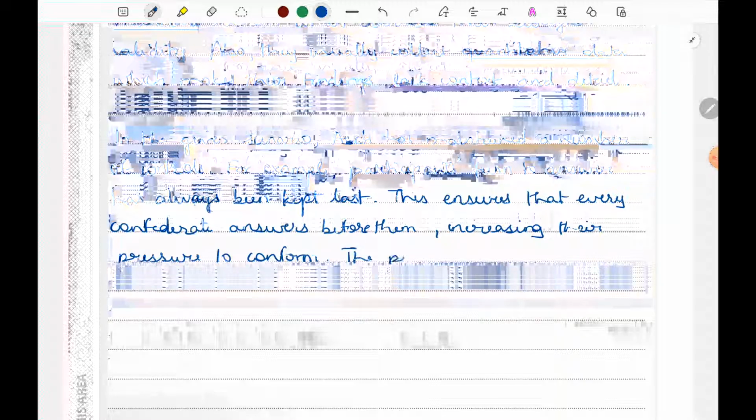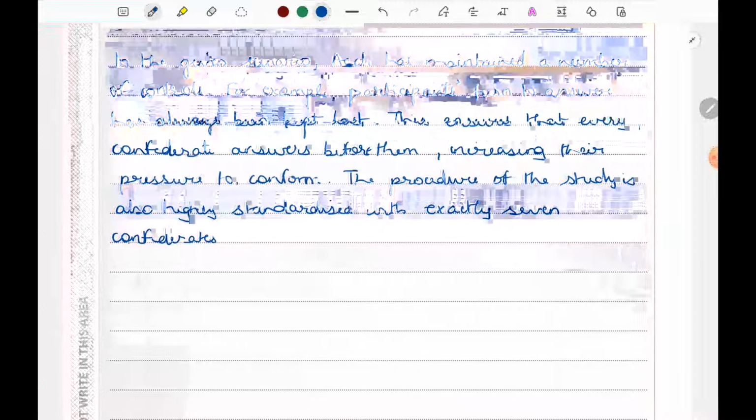The procedure of the study is also highly standardized with exactly 7 confederates placed before each participant.